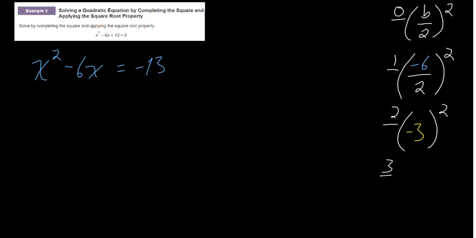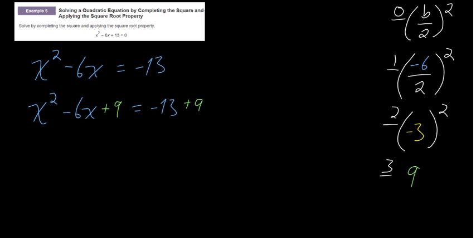And then negative 3 squared is 9. So the left side is going to be x squared minus 6x plus 9. And if we add something to one side, we have to add it to the other side, so negative 13 plus 9.